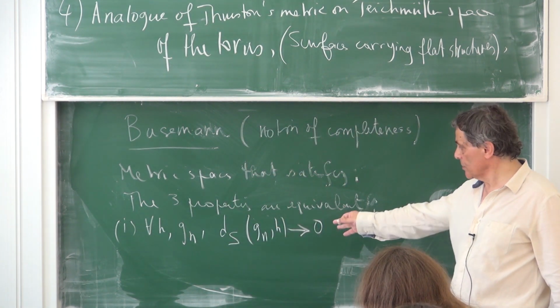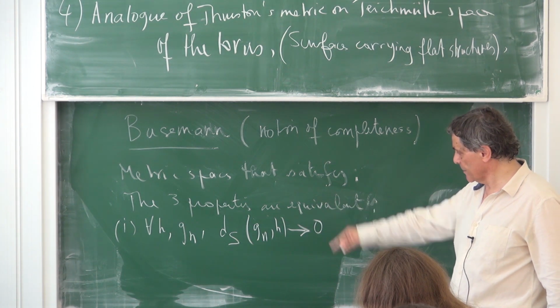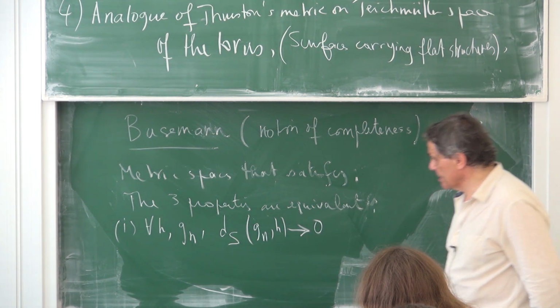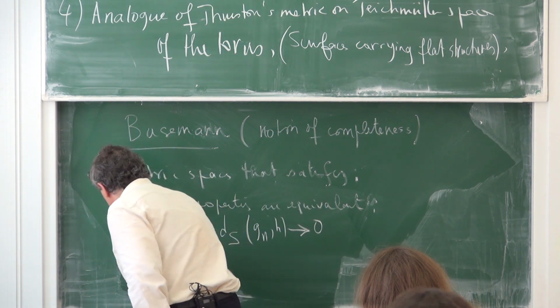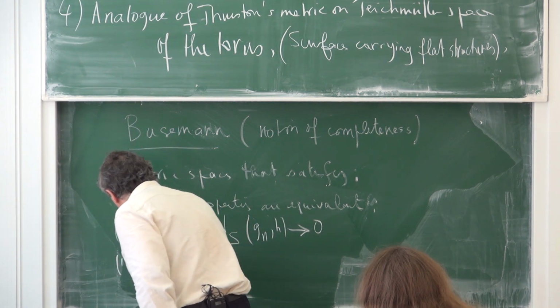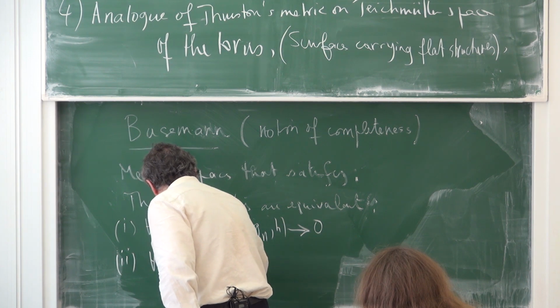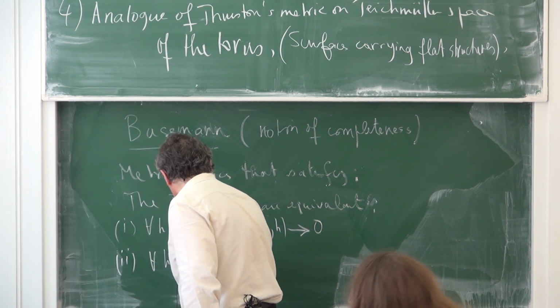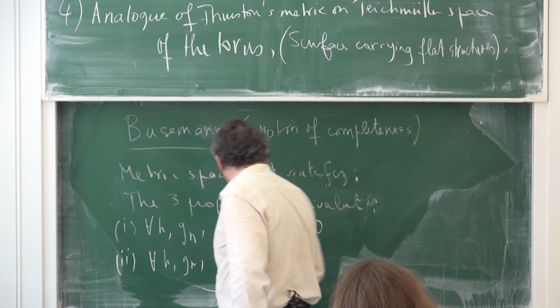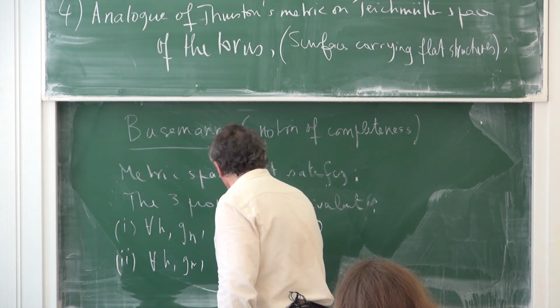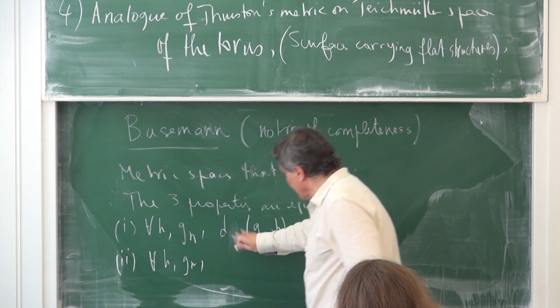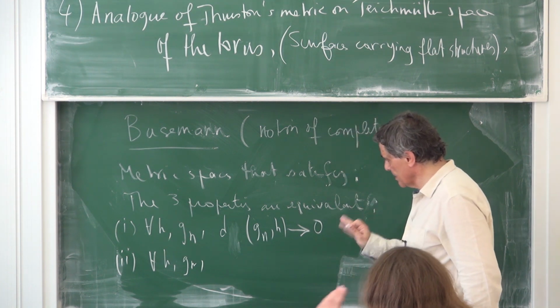This is the usual notion of convergence for the symmetrized metric. The second thing is for every h and for every gn. No, sorry, here I don't have symmetrized. Okay, this is the metric.